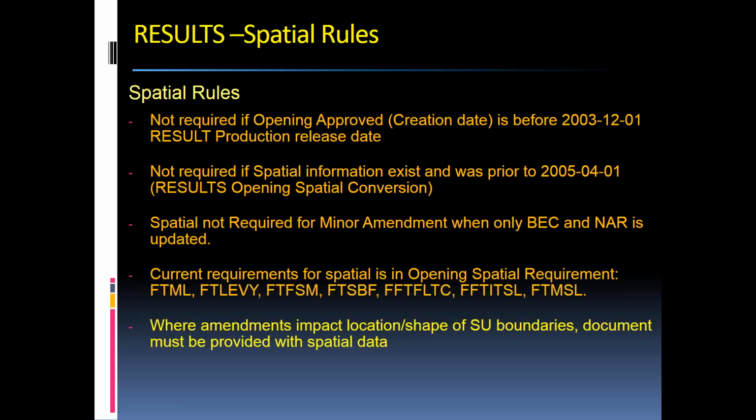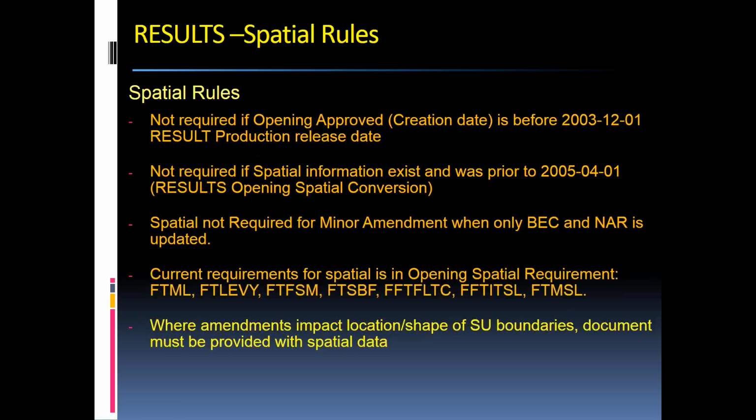So there was an attempt to take that forest cover information that existed in vegetation inventory, and if the map sheet number and opening numbers matched identically to that of results, then those forest cover polygons in veg inventory got merged to create the opening boundary, and that's what got placed into the SP map for results to create an opening coverage.